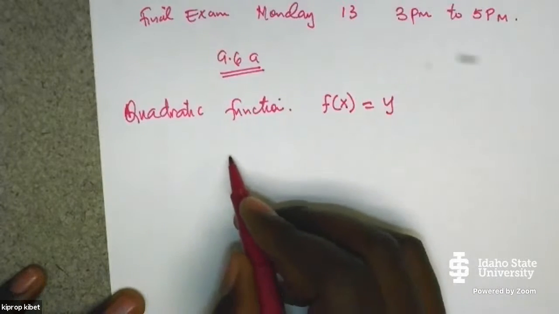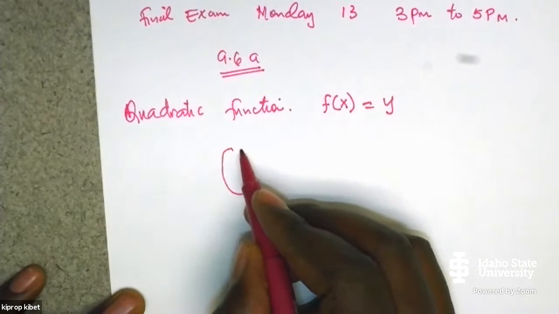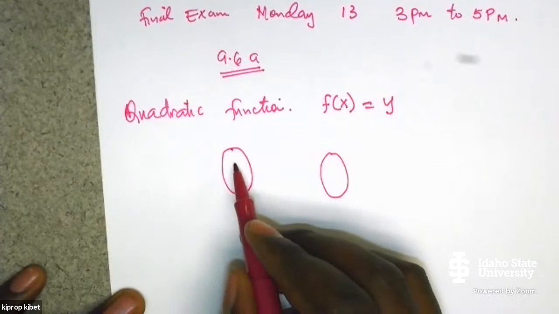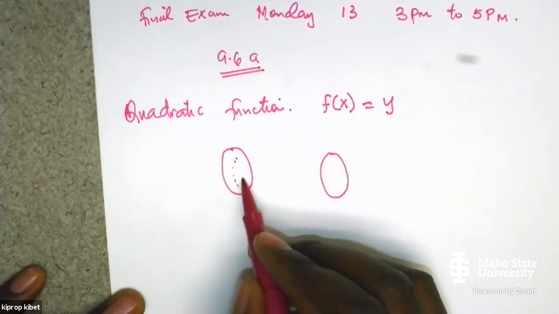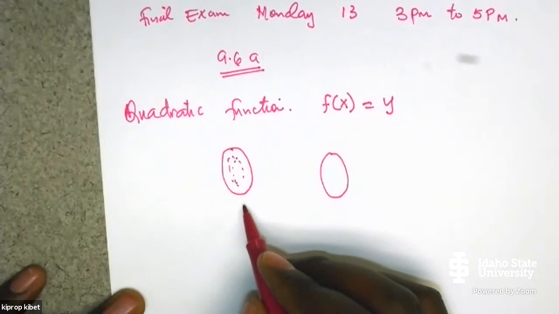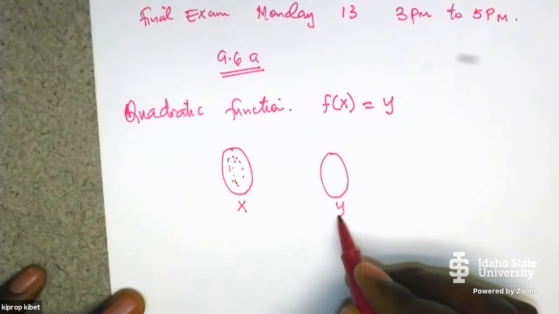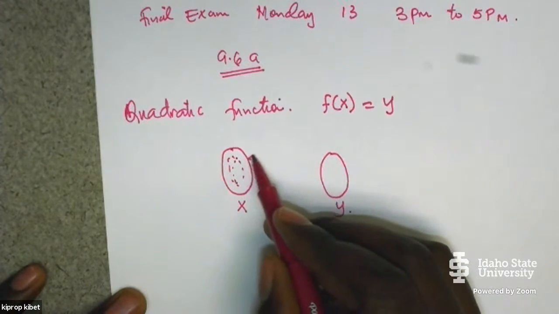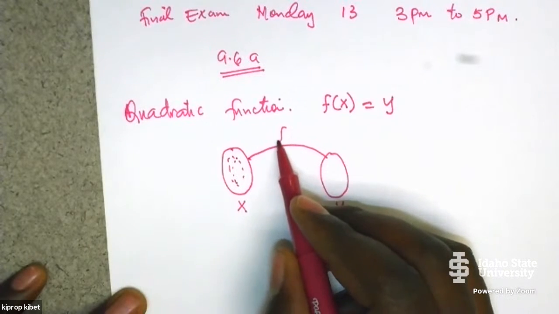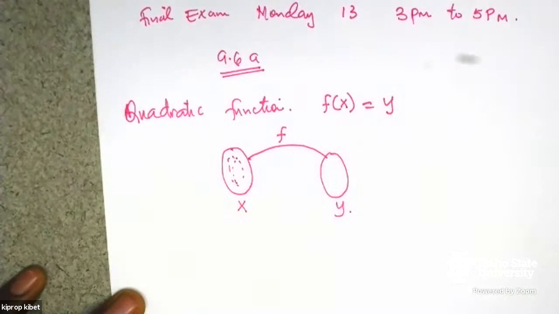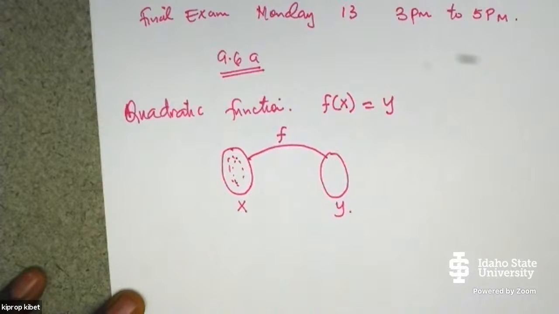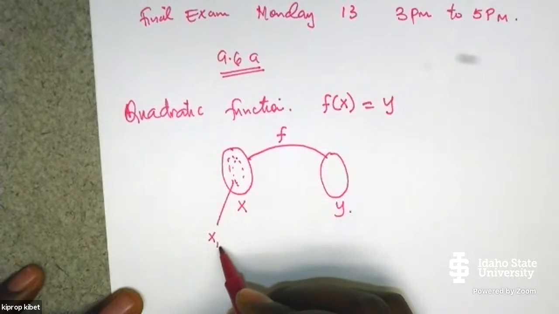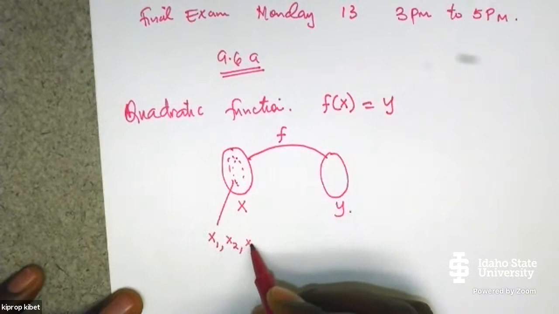So basically it is like this. Take this one as x and this one as y. The connection which is here is what we call a function. So we can have some elements in x, like x1, x2, x3.